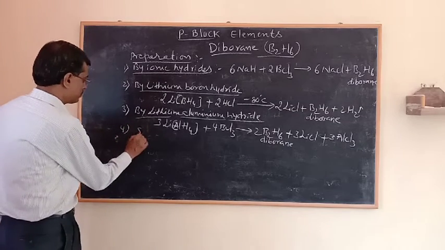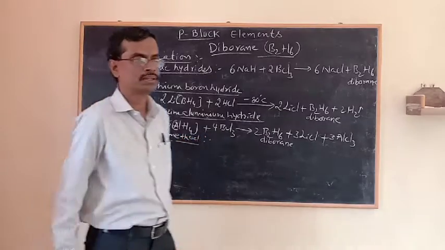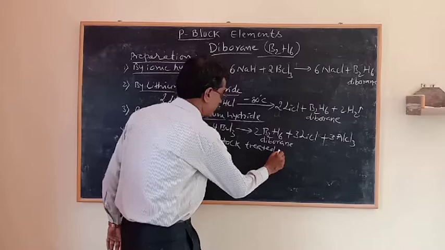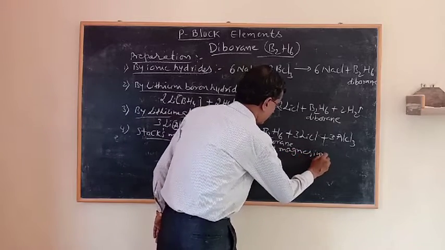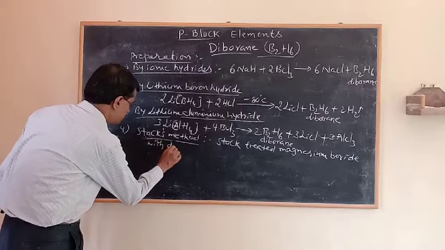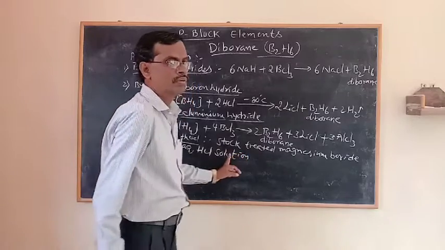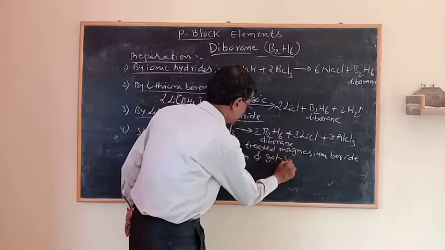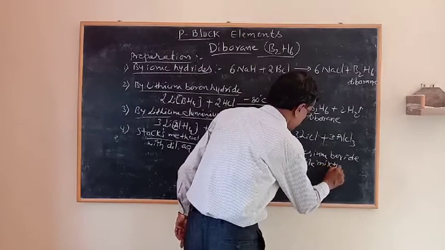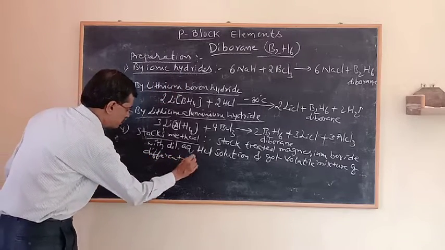In the fourth method, we can call this Stock's method. Here Stock treated magnesium boride with dilute aqueous HCl solution and got a volatile mixture of different boranes, so different boranes.